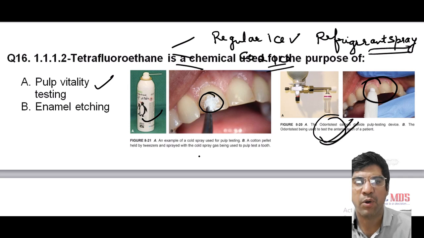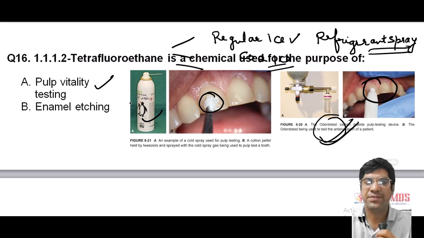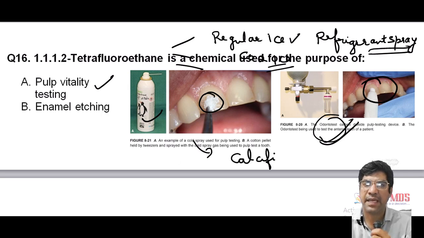If it does not respond at all, it suggests that the pulp is necrotic and root canal treatment is indeed needed. Sometimes a false negative response can happen if the tooth has very narrow canals, or the term we use is calcific metamorphosis.